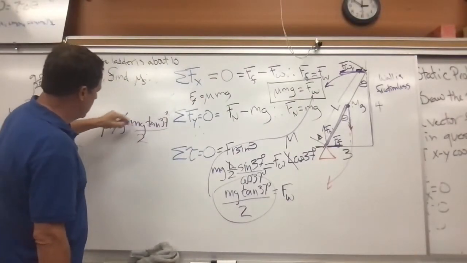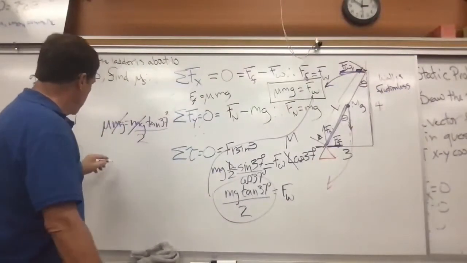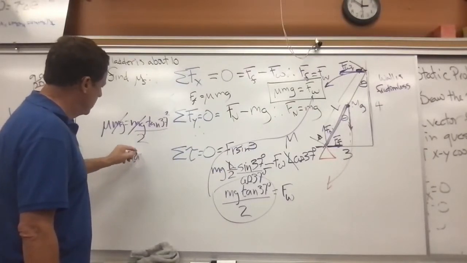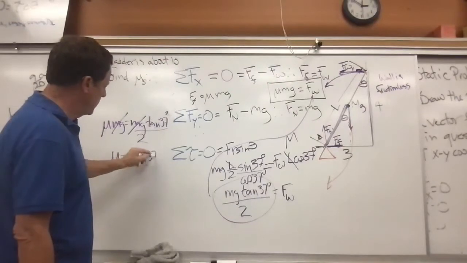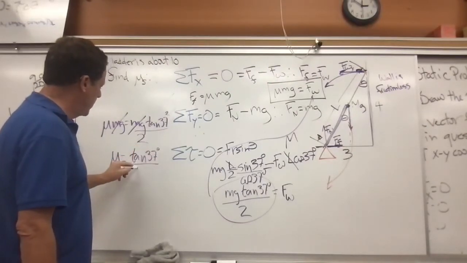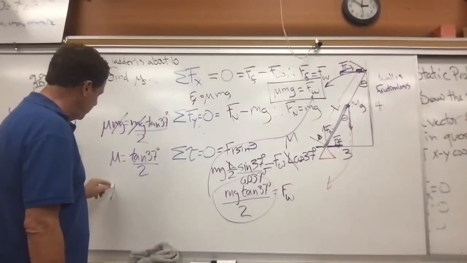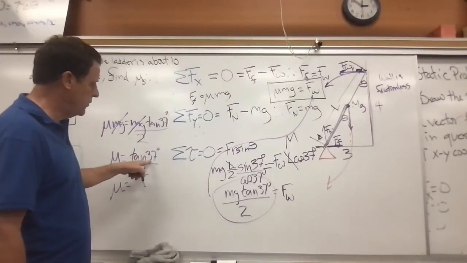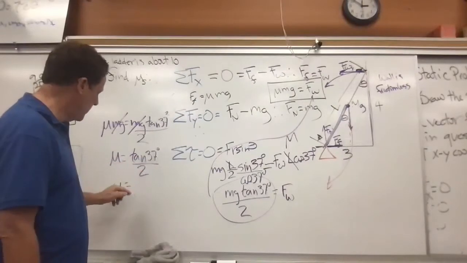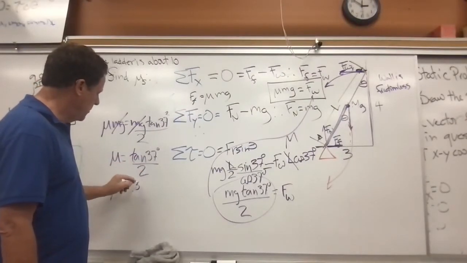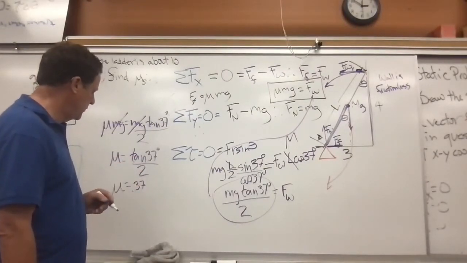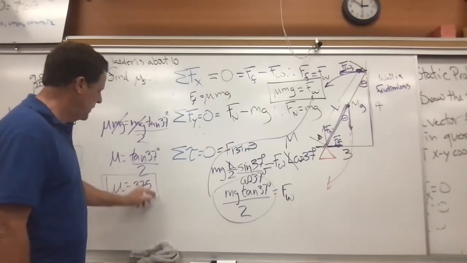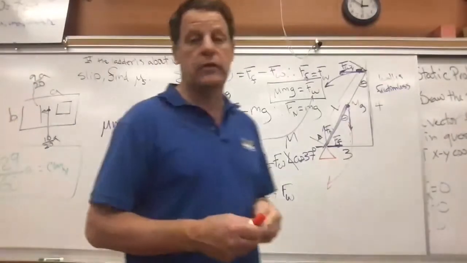And now we can see that the mg's cancel out, and we get mu is equal to the tangent of 37 degrees divided by 2, which is 0.75 divided by 2, which is 0.375. And that would be our answer.